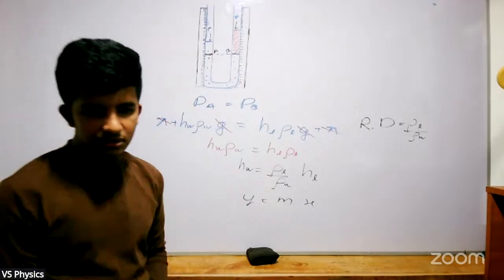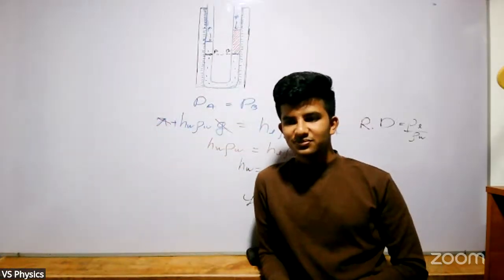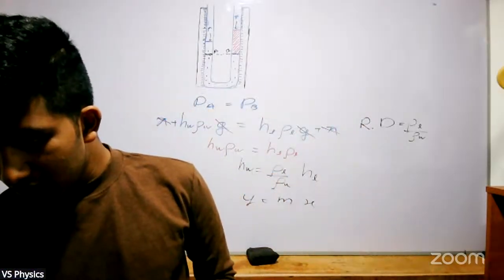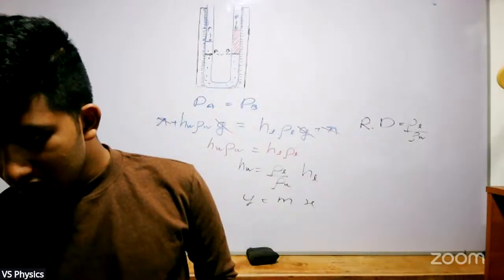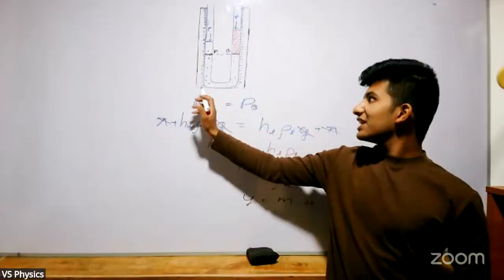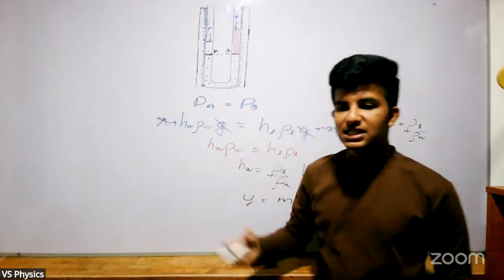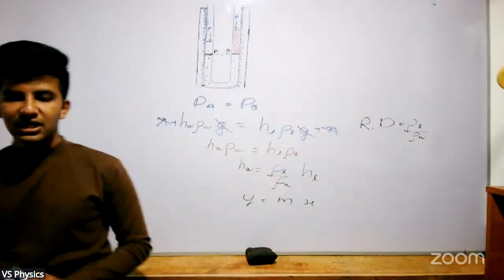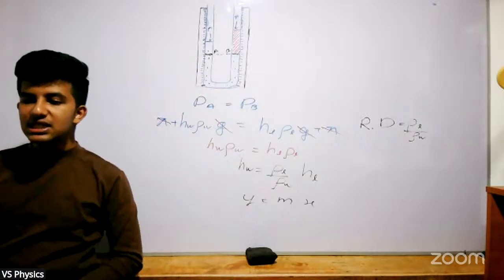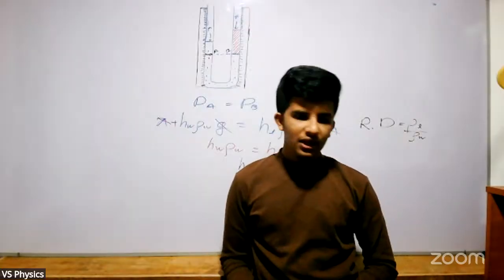Zero of both the half-meter rulers should be at the same level compared to the U-tube. That is the only rule we have.